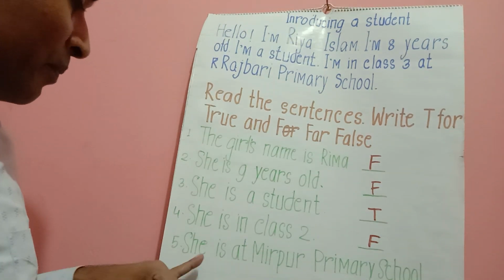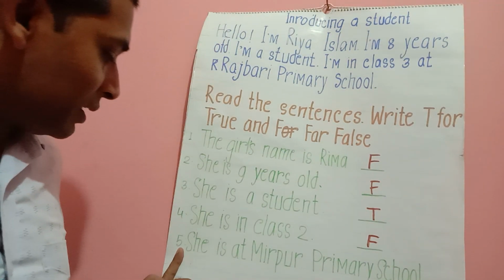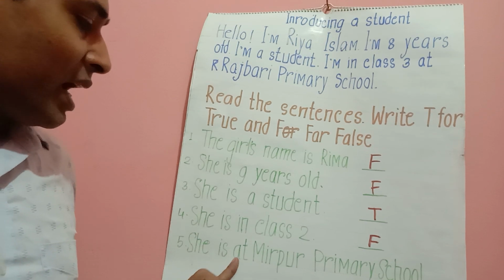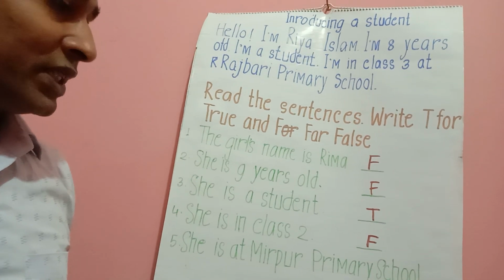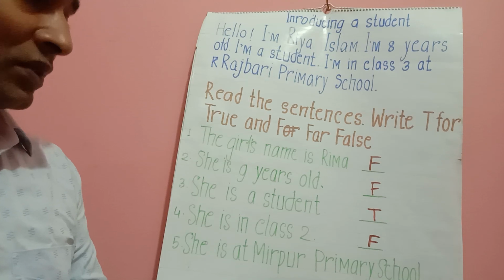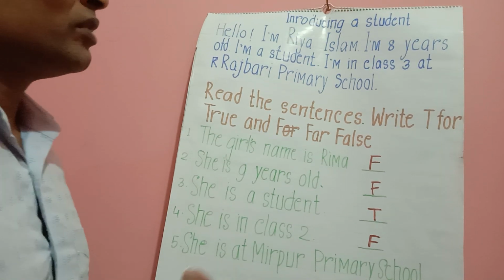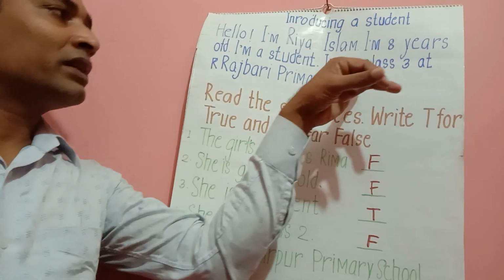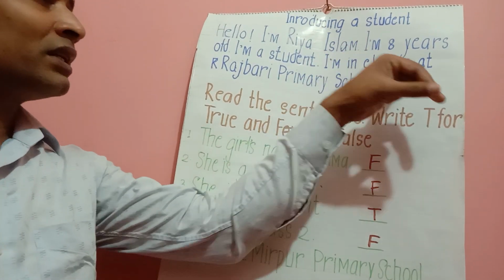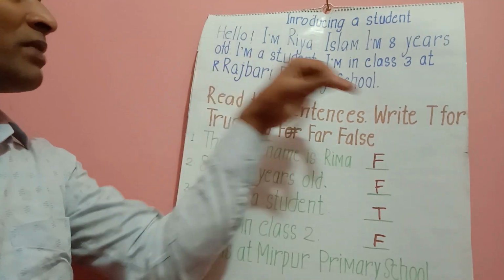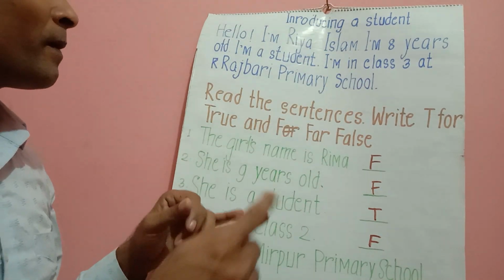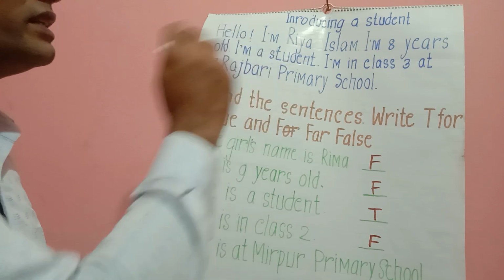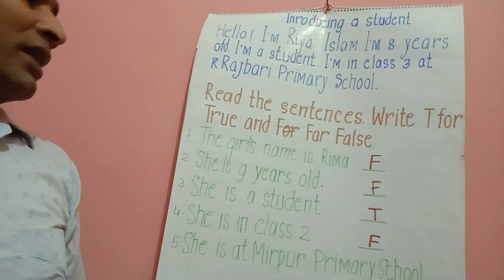Last one, she is at Mirpur Primary School. Again, we have to go to the passage. I am in class 3 at Rajbari Primary School. Ria reads in Rajbari Primary School.